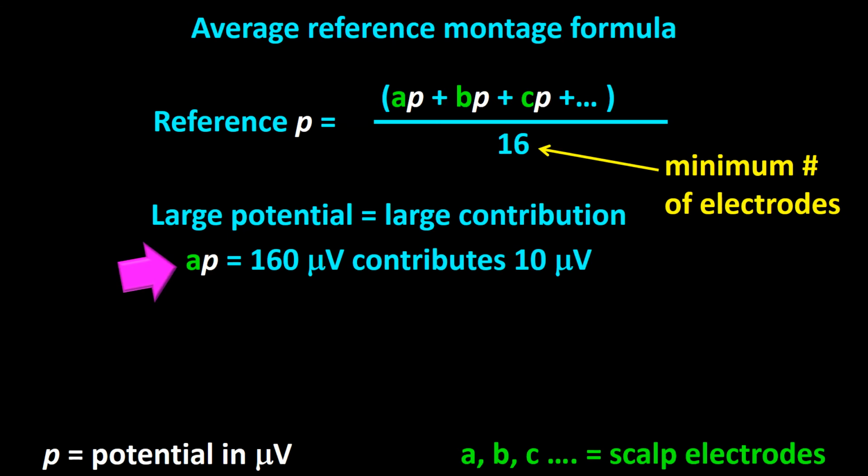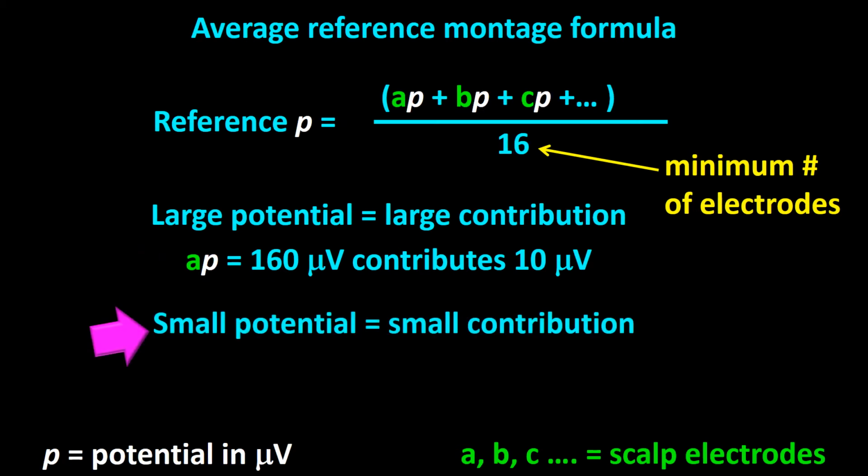So let's say that we have an electrode A with a power of 160 microvolts. Then this electrode will contribute 10 microvolts to the reference. Whereas if we had a potential that is significantly smaller than the previously mentioned large potential, the contribution of that electrode will be small.